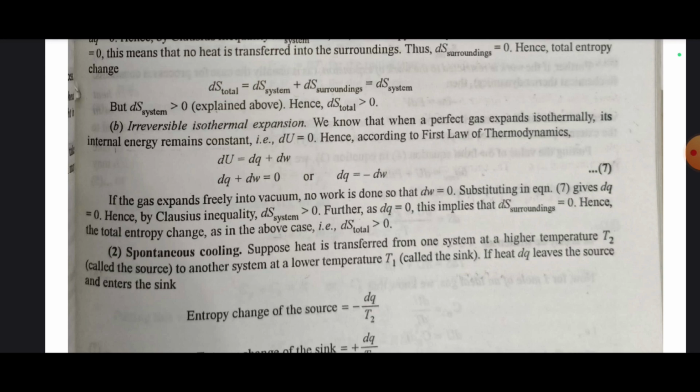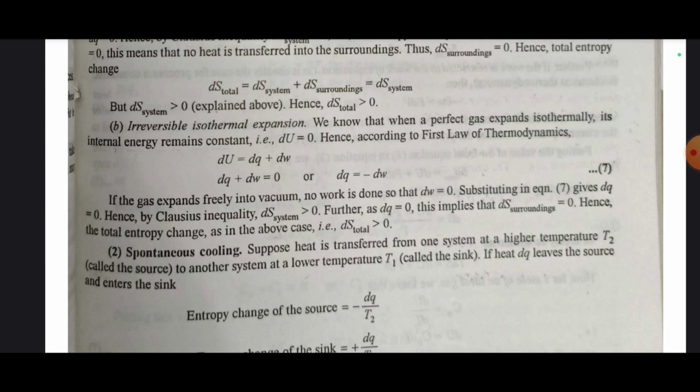Substituting this in equation 2, we get dq is equal to 0. Hence, by Clausius inequality, dS system is greater than 0. Further, as dq is equal to 0, this implies that dS surrounding is equal to 0. Hence, the total entropy change, as in the above case, that is, dS total is greater than 0.